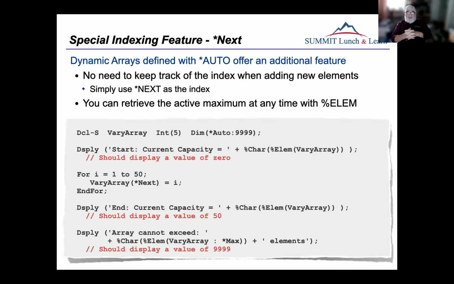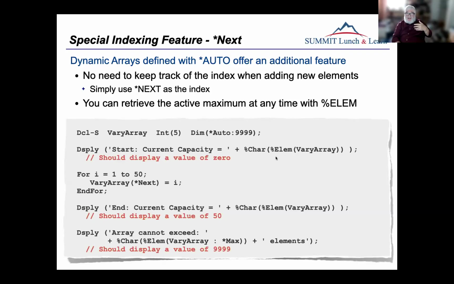All right, here's another thing I love about these things, the next option. So if you define an array with auto, then you don't have to keep track of the index at all when you add new elements. You want to add new elements, you just say star next. So if I do the same kind of thing here, I've got an auto array, sanity value is 99999.